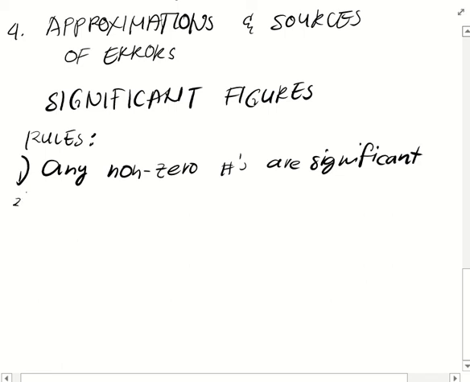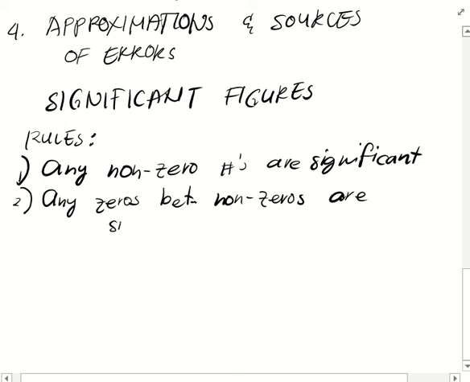Number 2, any zeros between non-zero numbers are significant. So if the zero is in between non-zero numbers, then we can consider them as significant figures or digits.